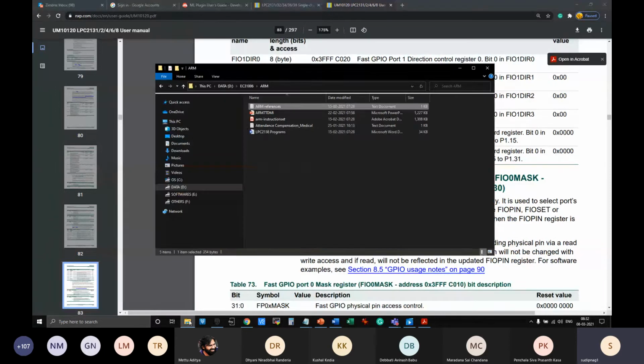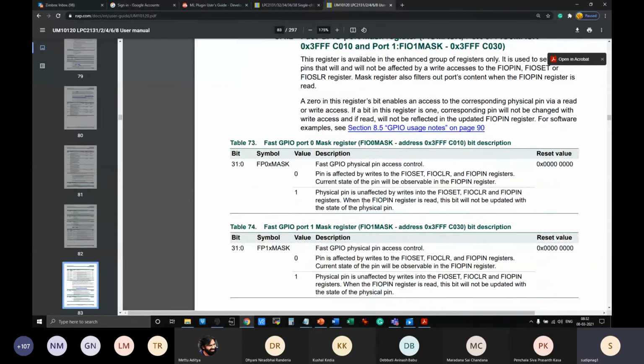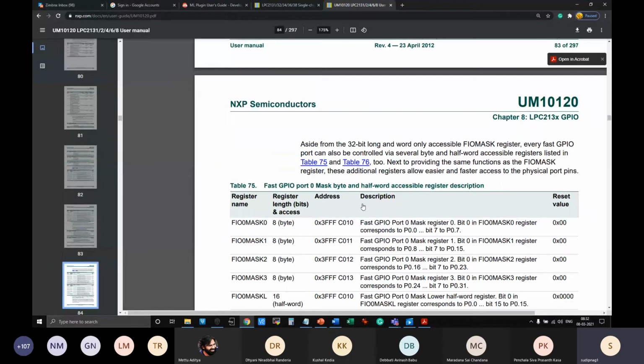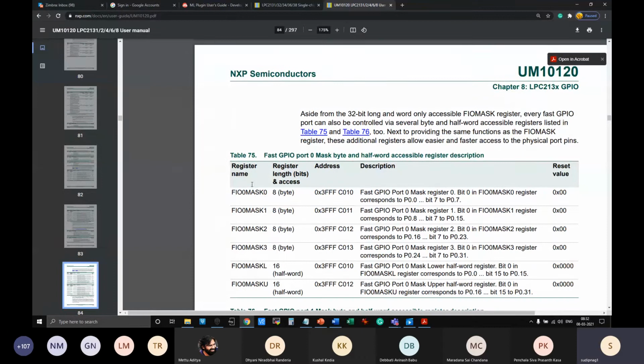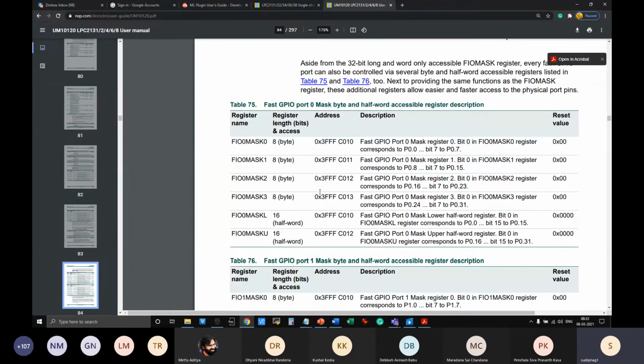Now let's look at another block of this microcontroller, which is slightly more complicated than this. The rest of the pages that I'm scrolling now give much more detailed information while you write your code in either fast mode or normal mode.